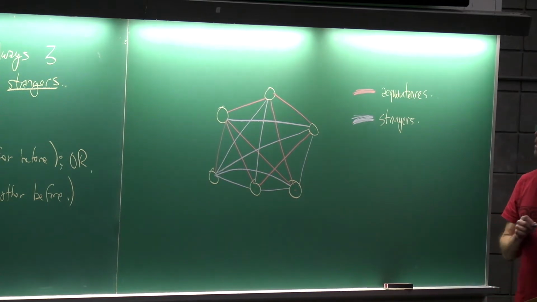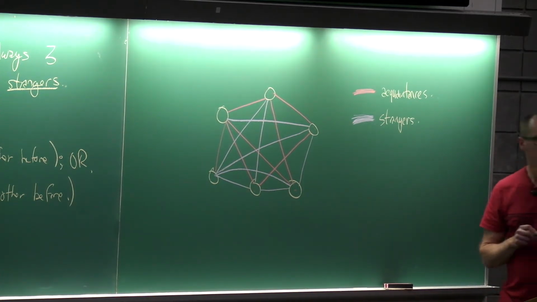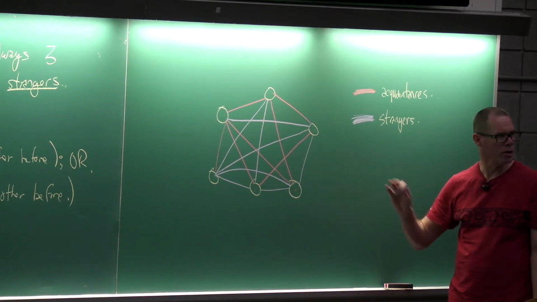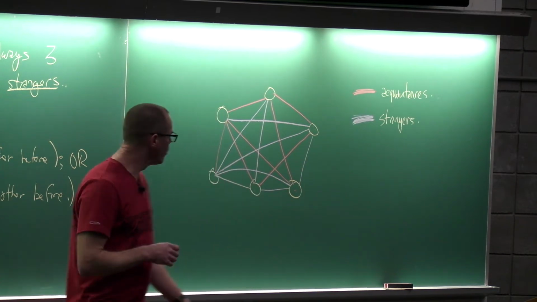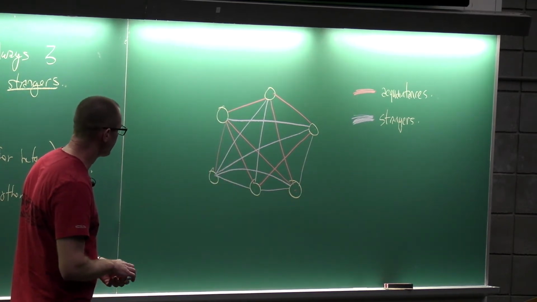Okay, I think that's everybody. So that's the picture we're looking at here. This is a particular group of 6 people illustrating the relationships between them.